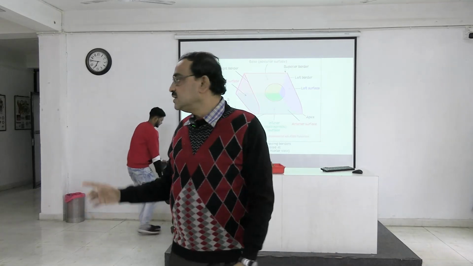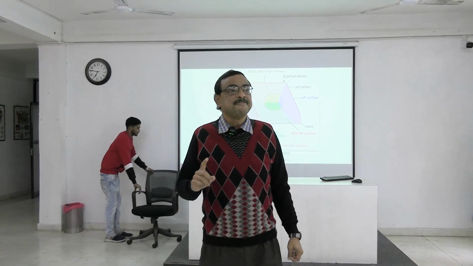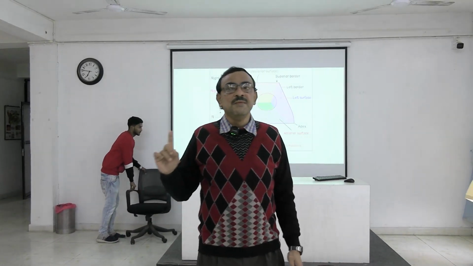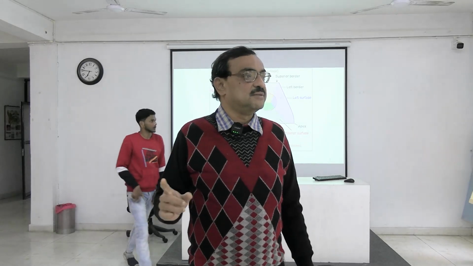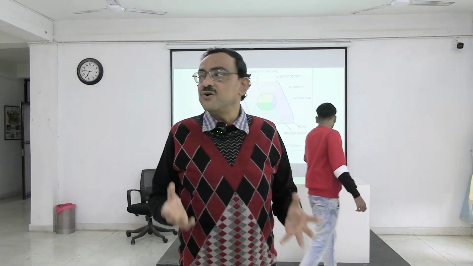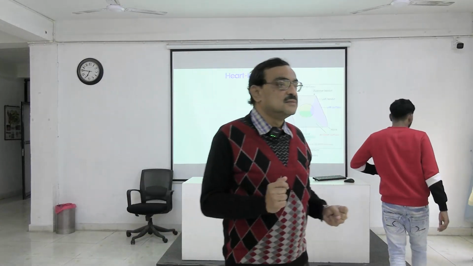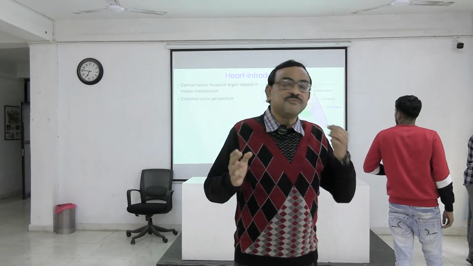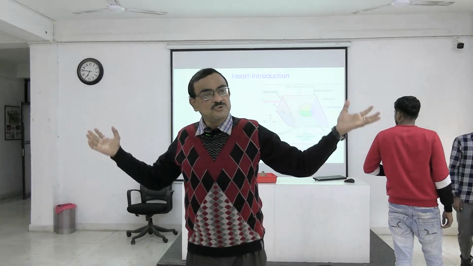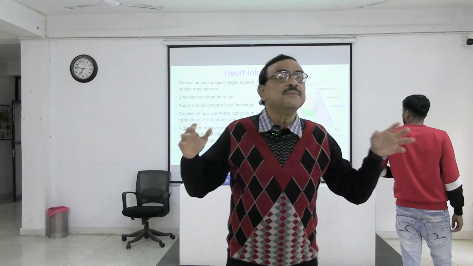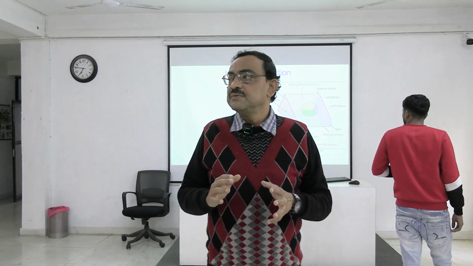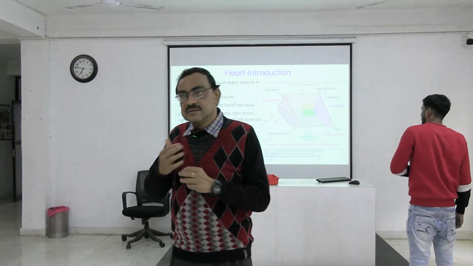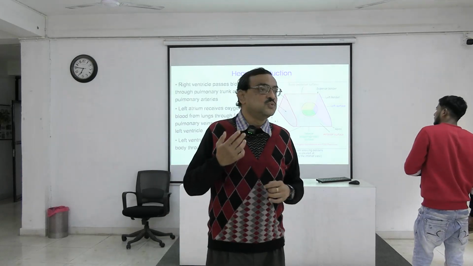Now the heart is situated within the middle mediastinum, and it is enclosed in a double jacket layer of pericardium, that is outer fibrous pericardium and inner serous pericardium. The serous pericardium has two layers.